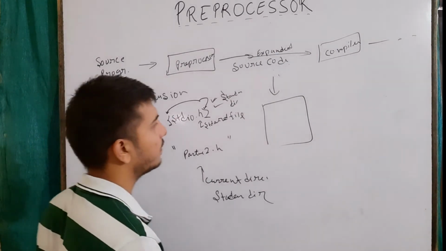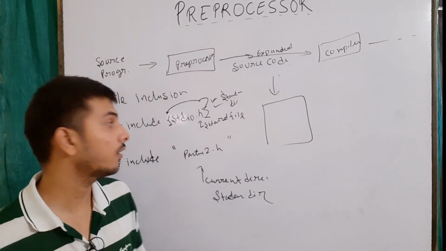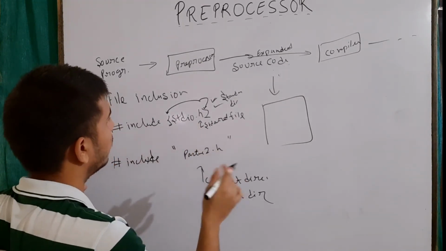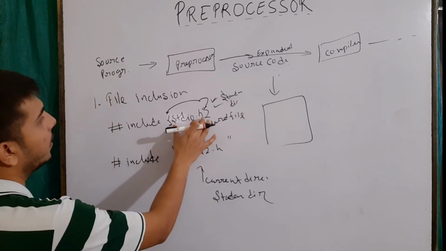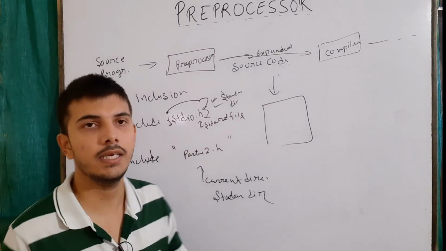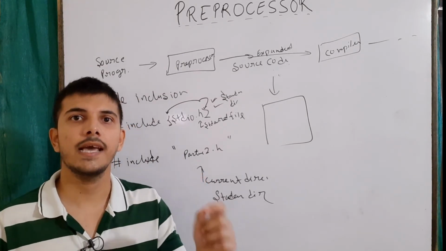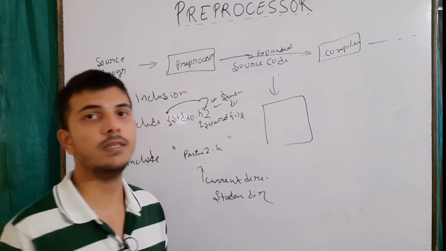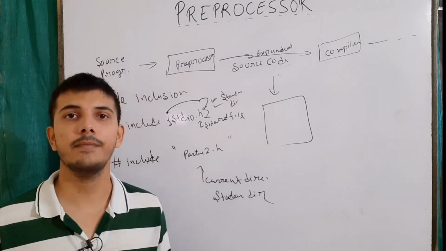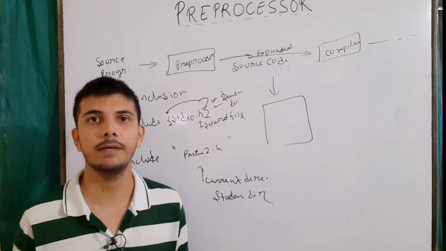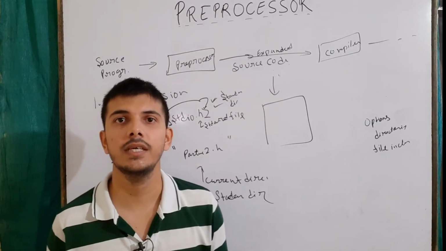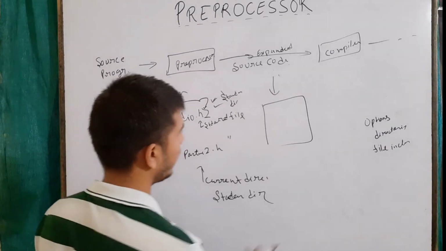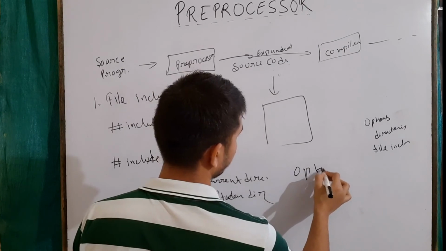Now let's say that I do want to change the path of inclusion. Some path will already be defined somewhere. When I am looking for stdio.h, it might be going in c/bin, there would be some path defined somewhere in C. So where is this path actually? Different compilers and different operating systems hold that path in different locations. In Turbo C and C++, to change our path for the inclusion, we first have to go to the Options menu.